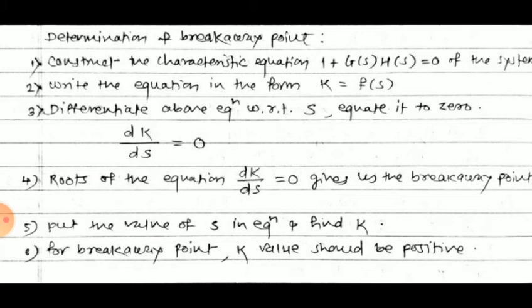First construct the characteristic equation 1 plus G(s)H(s) equal to 0. Write the equation in the form k equal to f(s). Differentiate the equation with respect to s and equate it to 0, dk by ds equal to 0. Then the roots of the equation dk by ds equal to 0 give us the breakaway points. Put the value of s in the equation and find k. For a breakaway point, the k value should be positive.